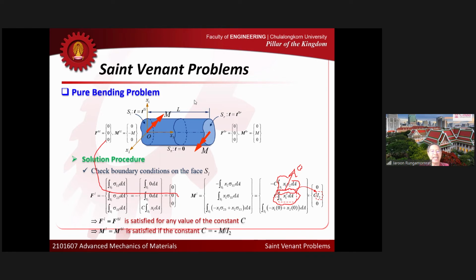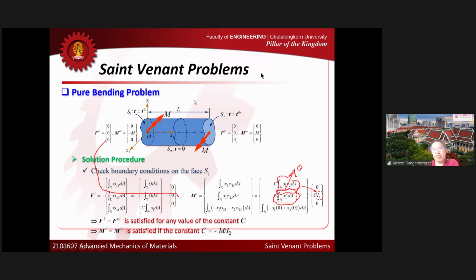Okay, so now I can say that if you want to satisfy the net force and moment conditions at the left end, C has to be minus M over I2, or this is the way that you can use to get C. Okay, so I can set C equal to this value to make sure that the left end conditions are satisfied.